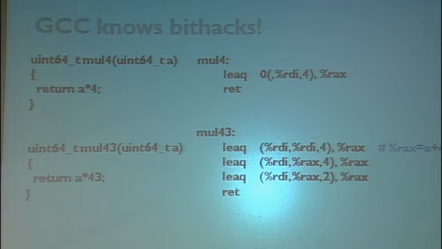And then after here, what happens? Four times this one plus this one. Yeah, it's 21, because 4 times this is 20, and you add the original RDI, 21.